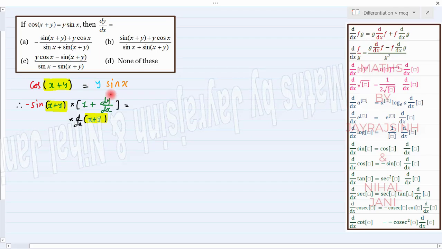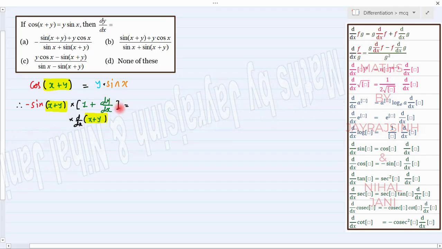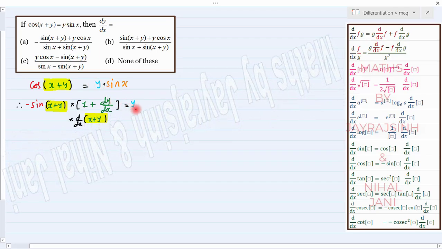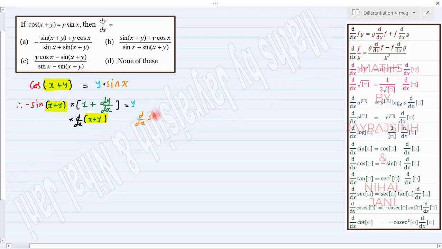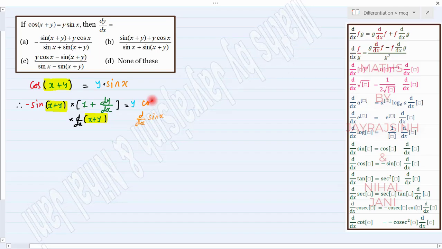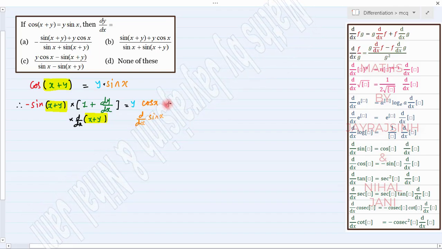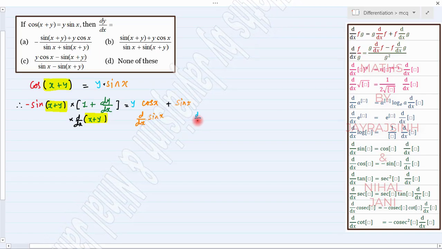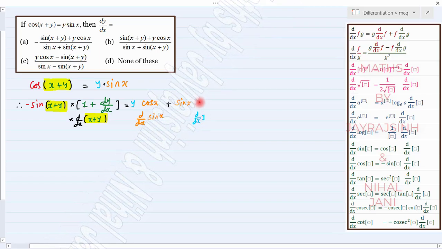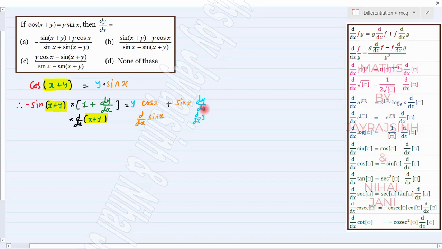And on the right hand side, we have to apply the multiplication rule. Let's say in the first term y will be as it is. We will differentiate sin x, so it will be cos x. Plus sin x will be as it is. We have to differentiate y, so it will be dy by dx.